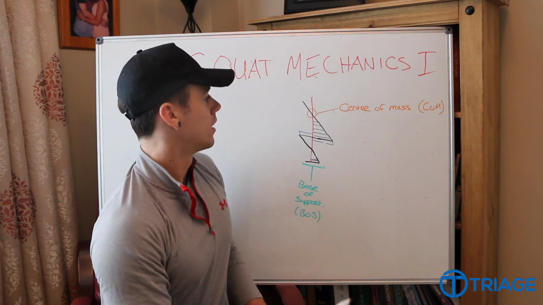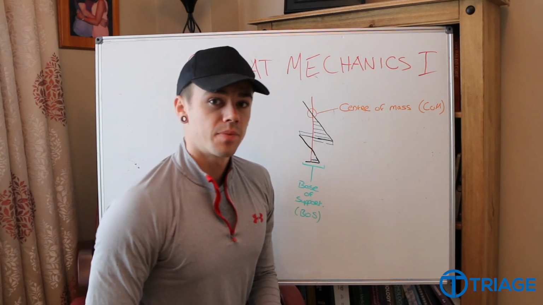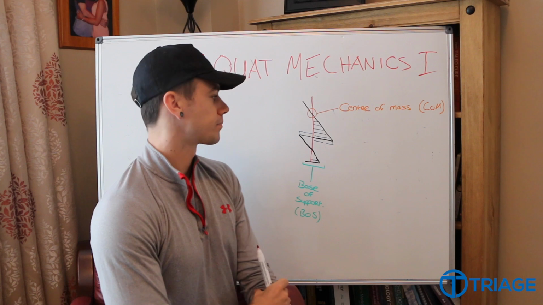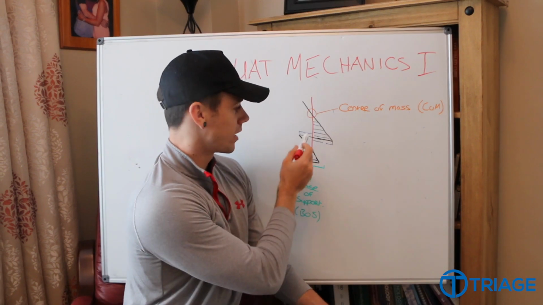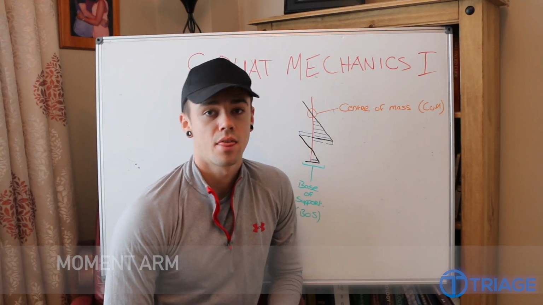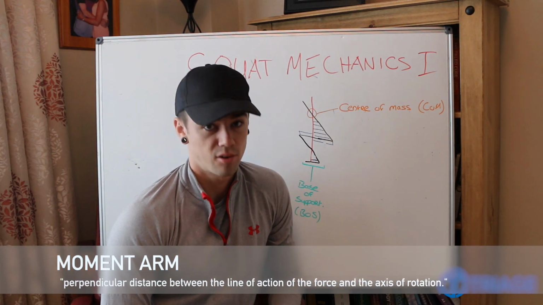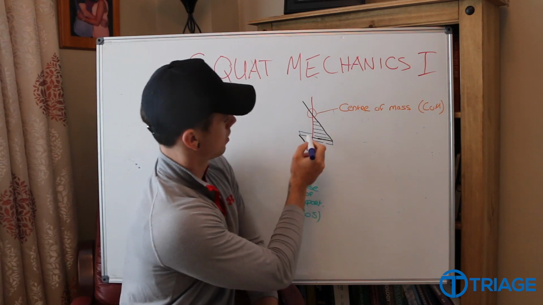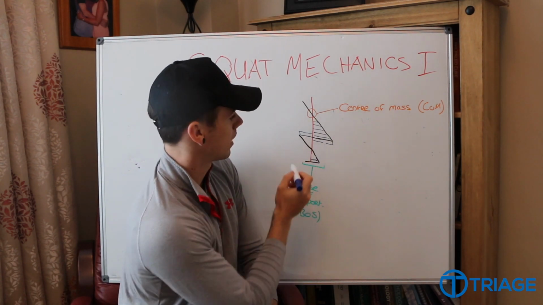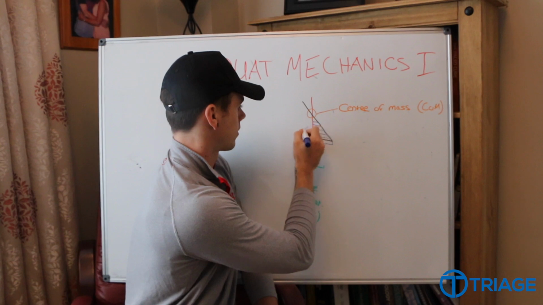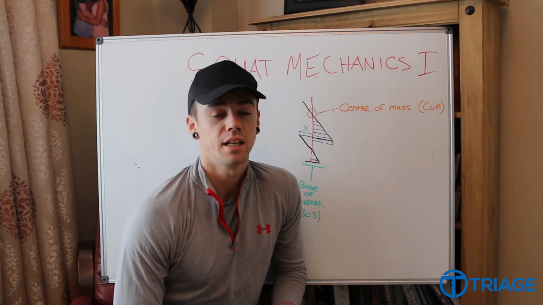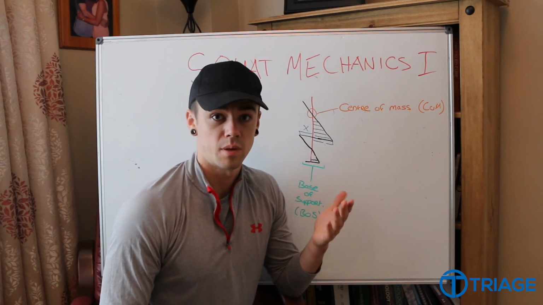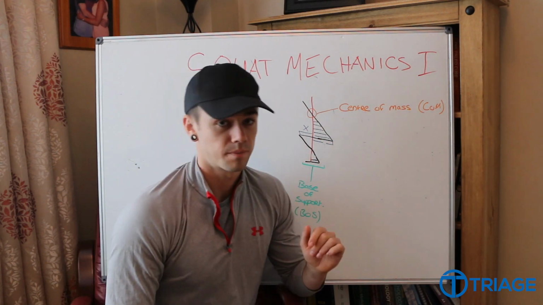You'll see the red line, that's the line of force created by the load that we're using in conjunction with our body weight. And the blue line reflects the distance between that line and the joint in question. So the blue line to the knee, let's call that X. That means we've got X distance between the line of force and the knee joint.